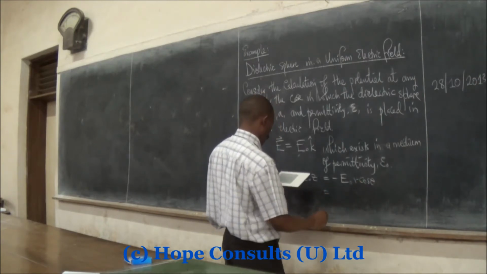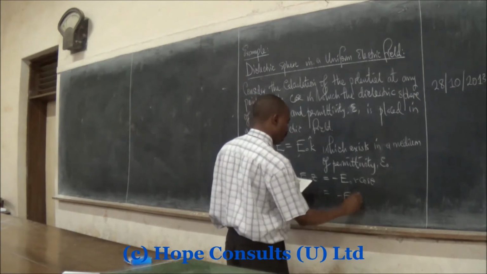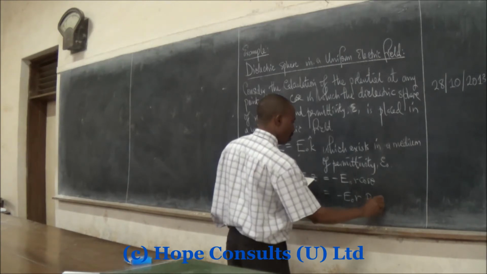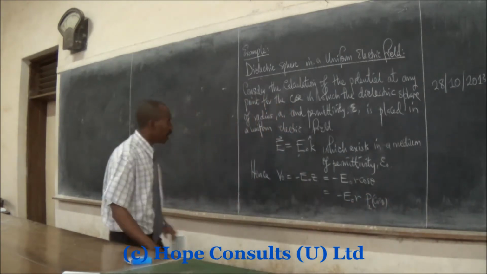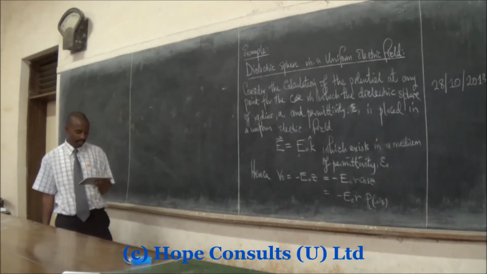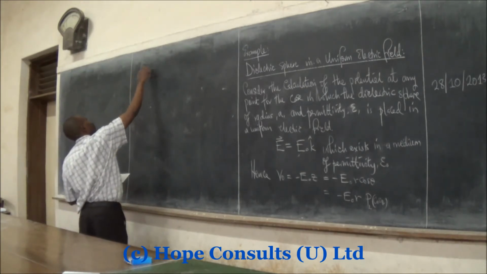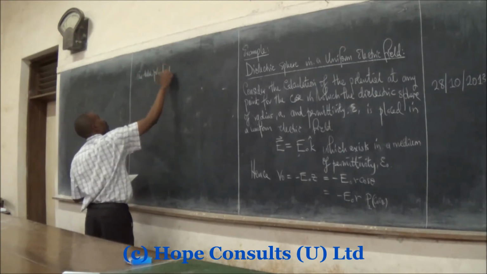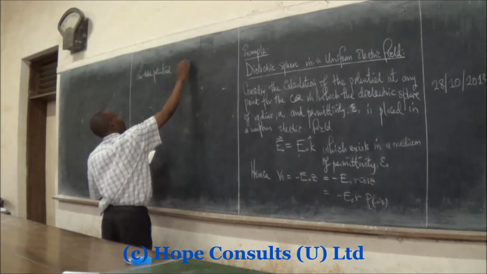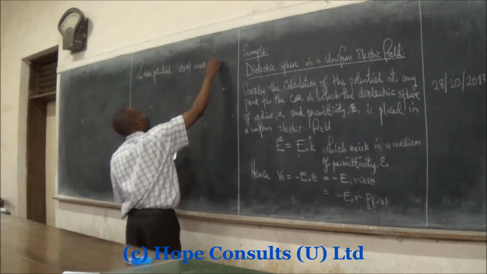And this can be taken as minus E naught R P 1 cos theta, invoking the Legendre polynomials. I'm going to be a bit quick because I'm fighting against time. So the total potential V(R, theta) must satisfy a couple of conditions.